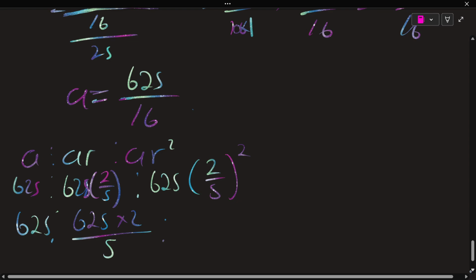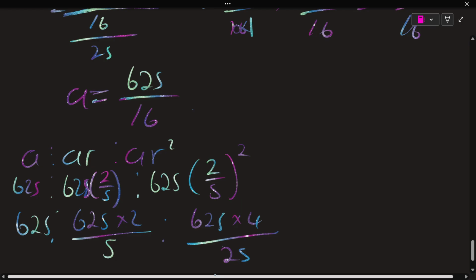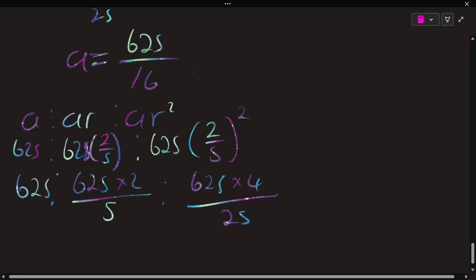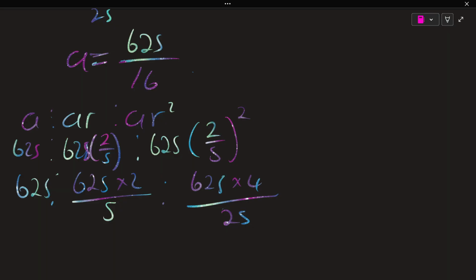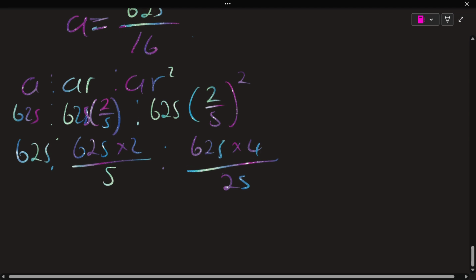This is our sequence. Then it's going to be 625 by 2 divided by 5. You can find that from your calculators. Then on this side we're going to have 625 by 4 and divide by 25, and that's it. Those will be our first three terms of the sequence.